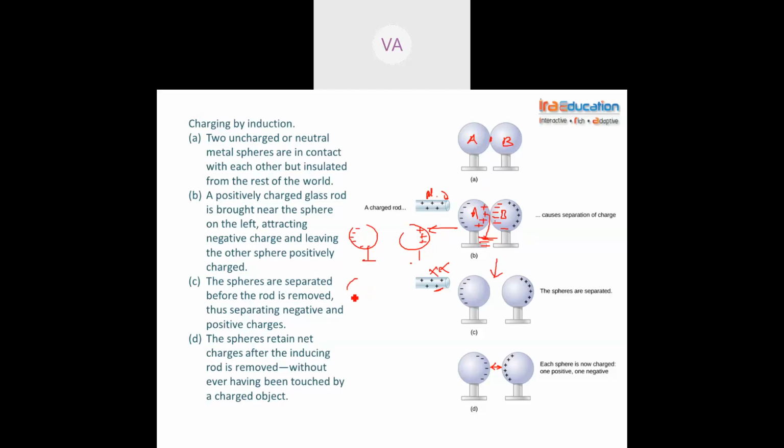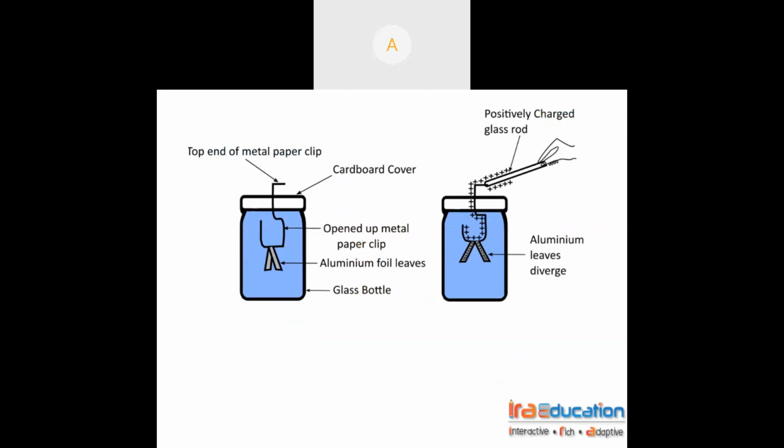K equals 1 by 4 pi epsilon naught. Make a note, guys. Force is proportional to Q1 Q2 by R square. I can introduce a proportionality constant. The proportionality constant over here is K, whereas in gravitation it was G, 6.667 into 10 power minus 11. Here K is 9 into 10 power 9.